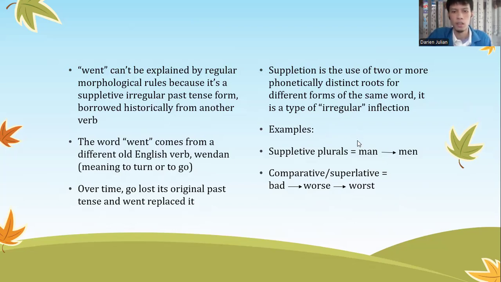For example, suppletive plurals, from man to men. Comparative or superlative, for example bad becomes worse, worse becomes worst.